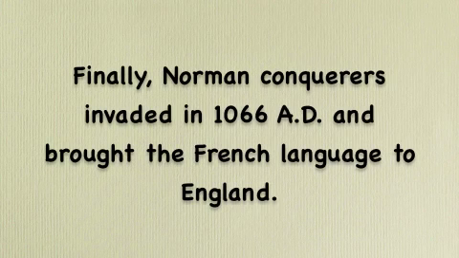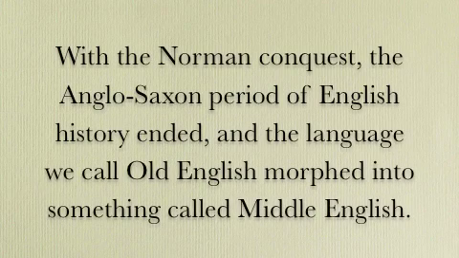Finally, Norman conquerors invaded in 1066 AD and brought the French language to England. With the Norman conquest, the Anglo-Saxon period of English history ended, and the language we call Old English morphed into something called Middle English.